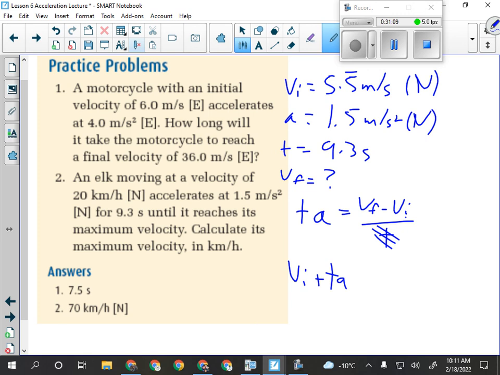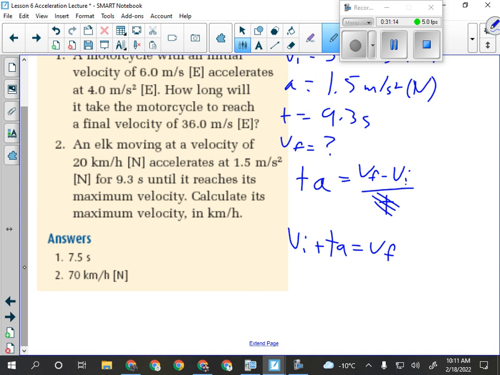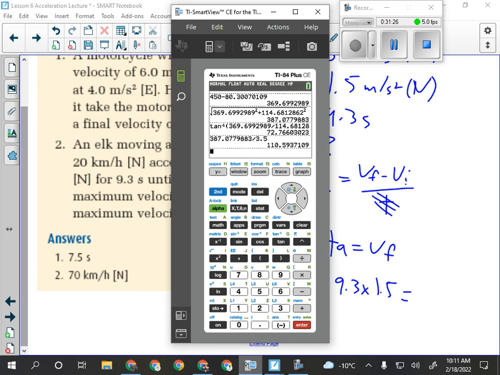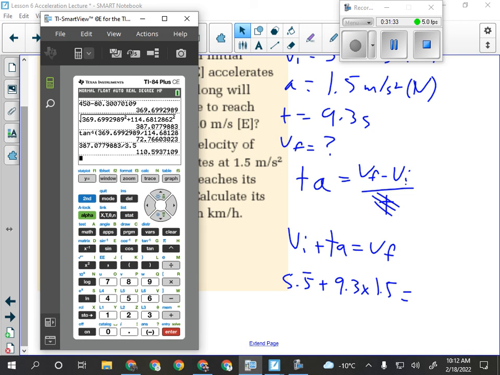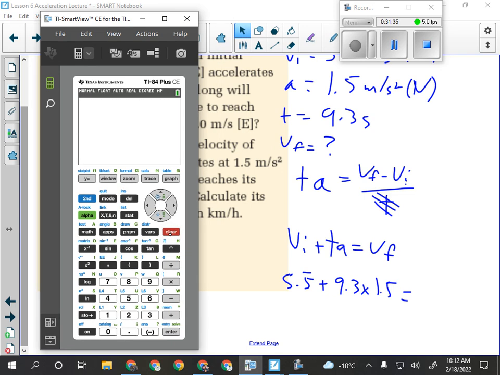Okay, so the VF. All right, so we've got, what was our initial? 5.5 repeating, right? Okay, plus 9.3 times 1.5. All right, when we do that, we should get 5.5 plus 9.3 times 1.5.